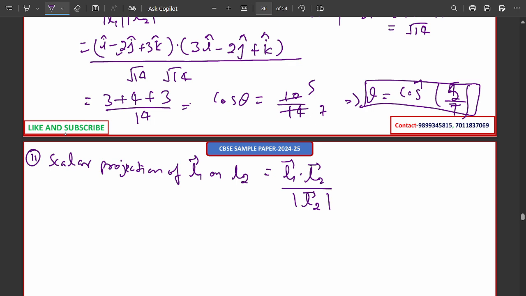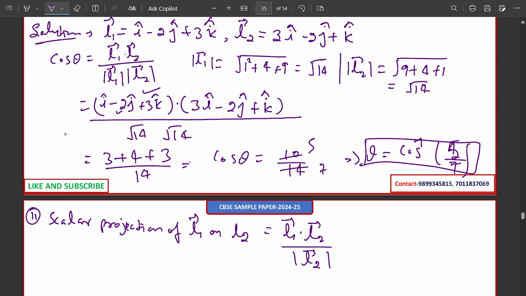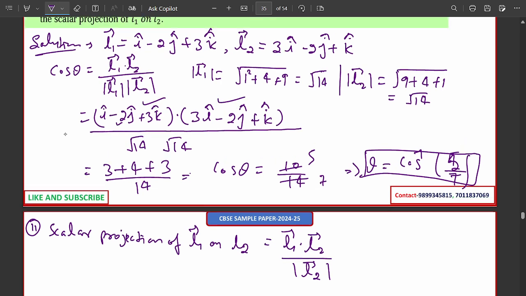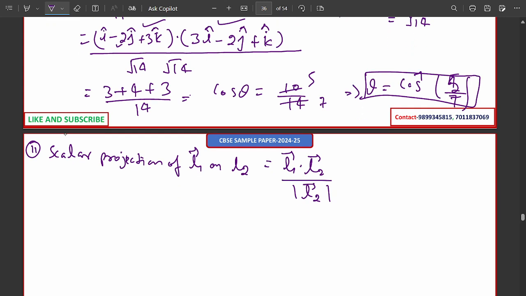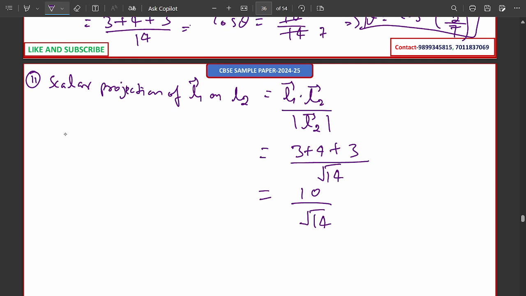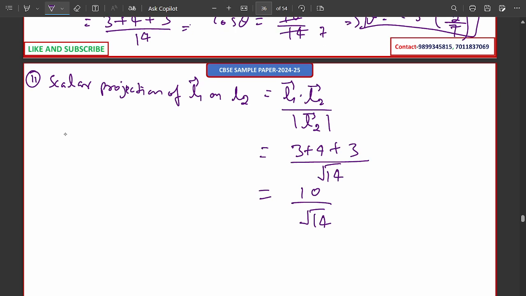This is the formula. We have already found the dot product of L1 and L2, which is 3 plus 4 plus 3. We put it here, and L2 magnitude is square root of 14. So this is 10 over square root of 14. Basically this is the scalar projection of L1 on L2.